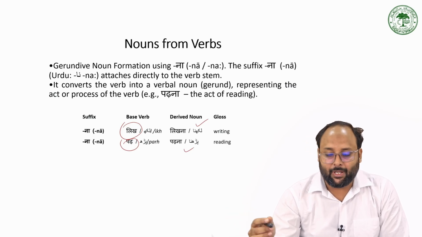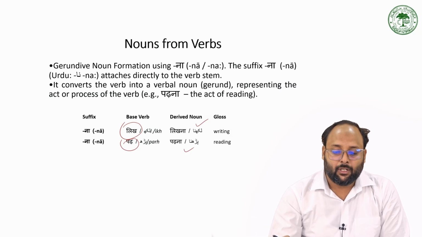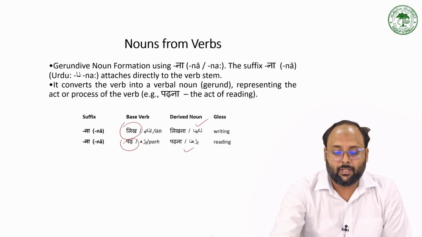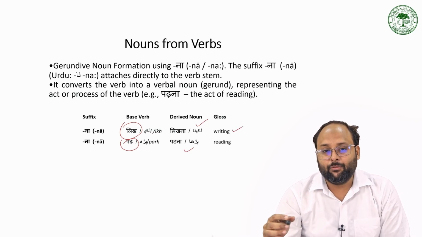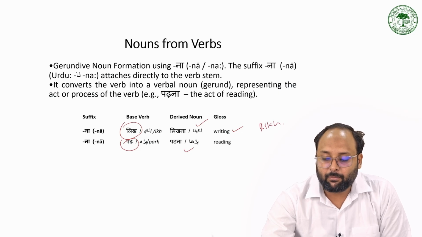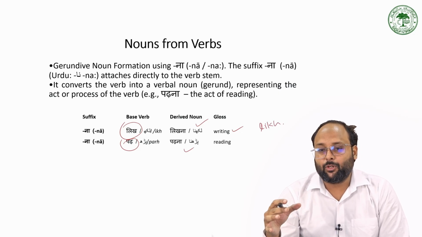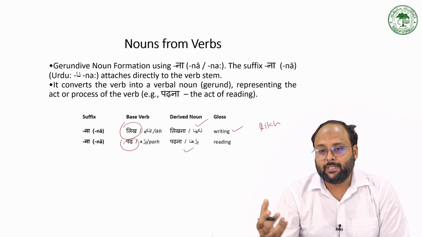But if somebody asks what is the verb for writing, he says likhna, because in Urdu Hindi we do not use the bare verb likh when somebody pronounces the verb in the lexical context, meaning in single form.